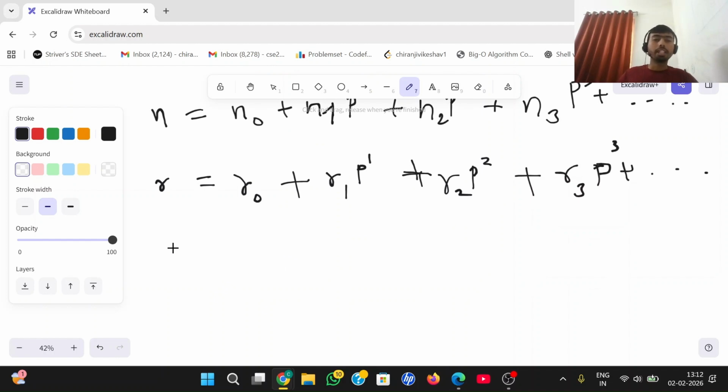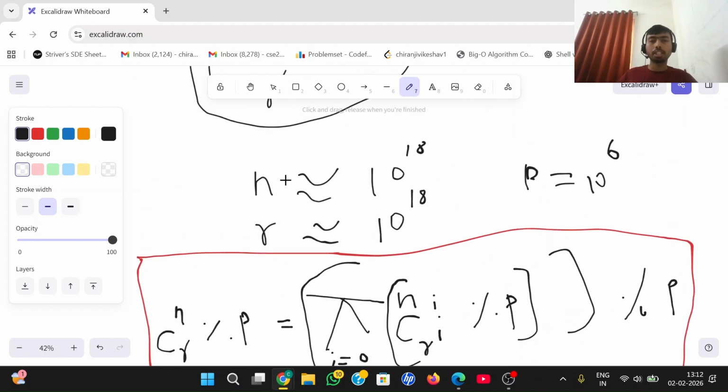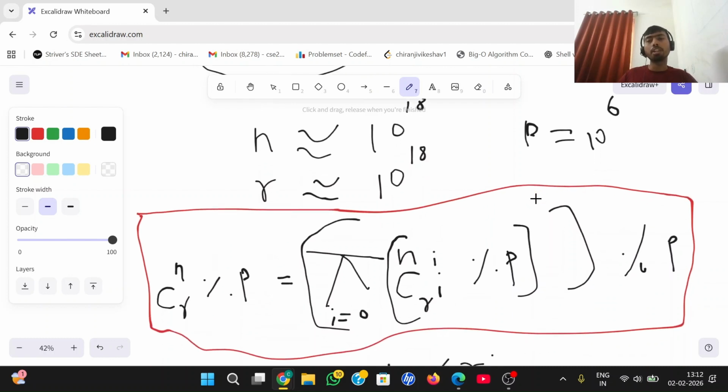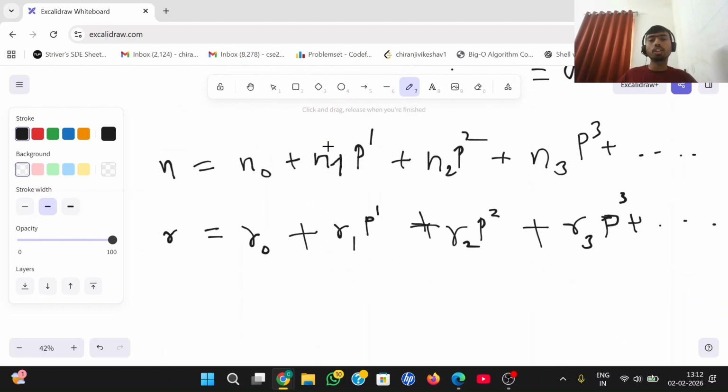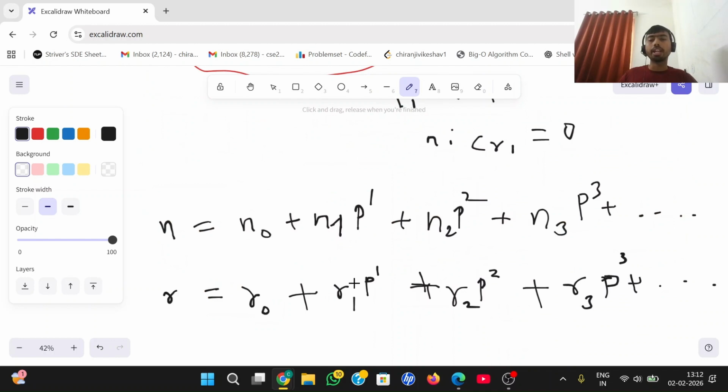So let's take a simple example. We have already seen where we can use this expression: if the n and r values are very large and p is small, but p should not be too large. If p becomes large, then the computation still becomes heavy, because the value of n_i and r_i is in the order of p.